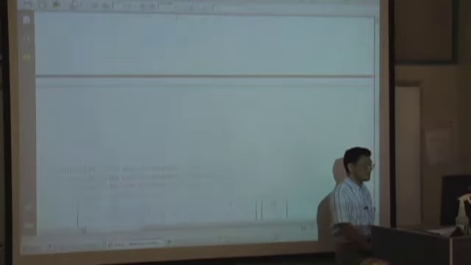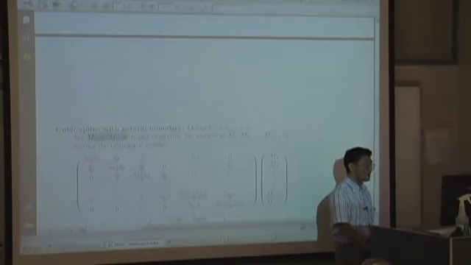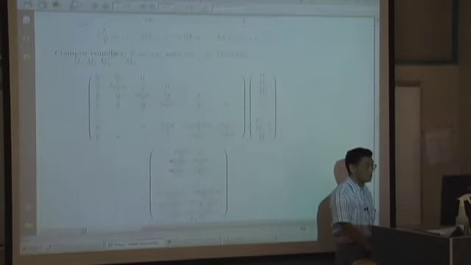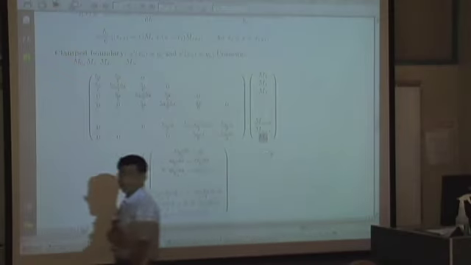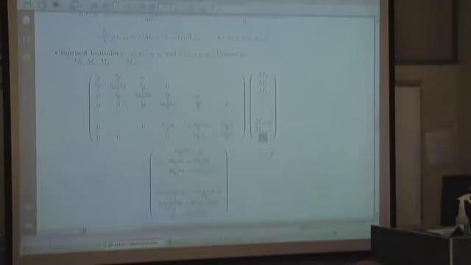Here, M0 and Mn are zeros, right? Here, M0 and Mn are not necessarily 0. We don't know. M0 and Mn are not known until we have solved this system. So this is the difference.